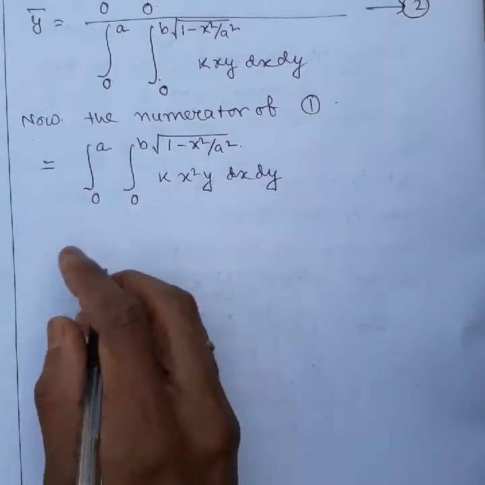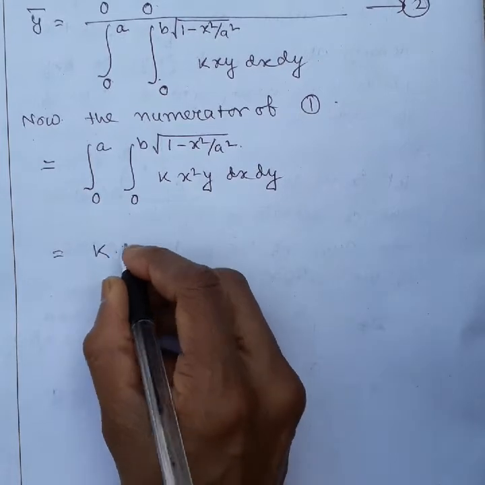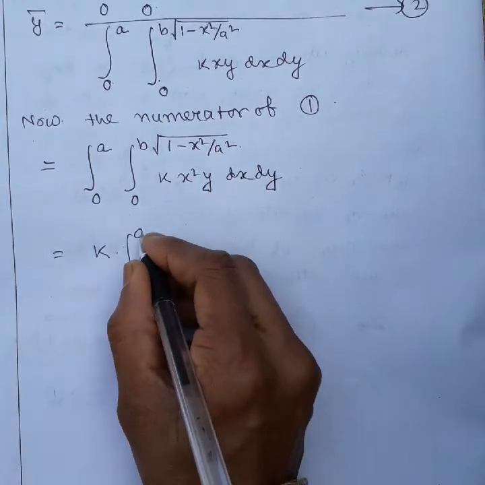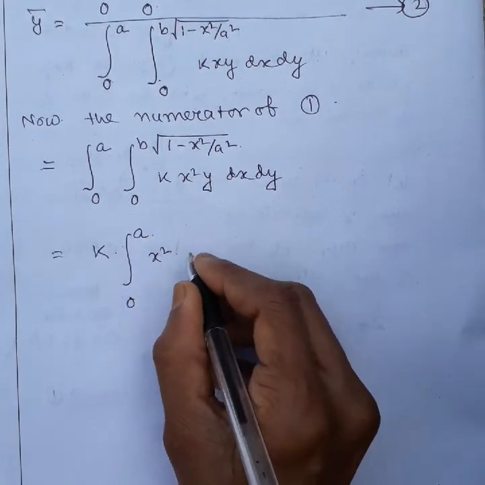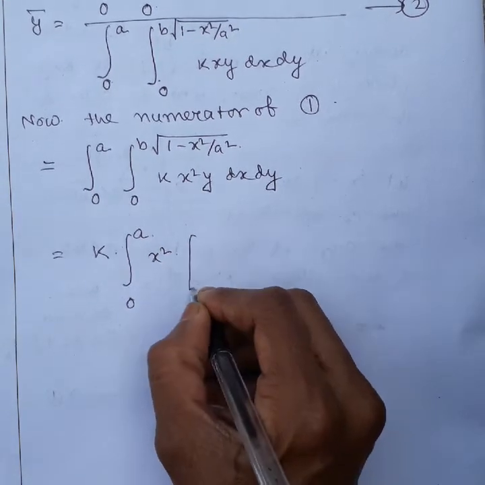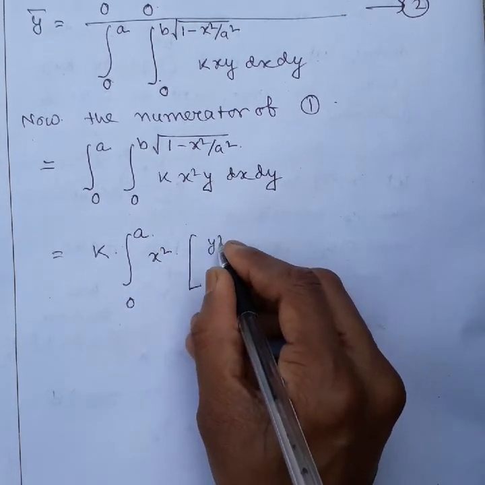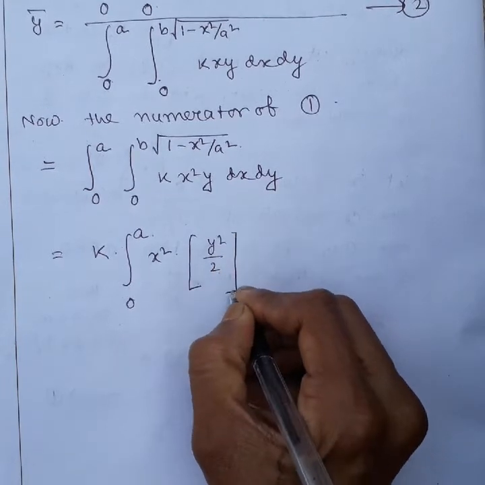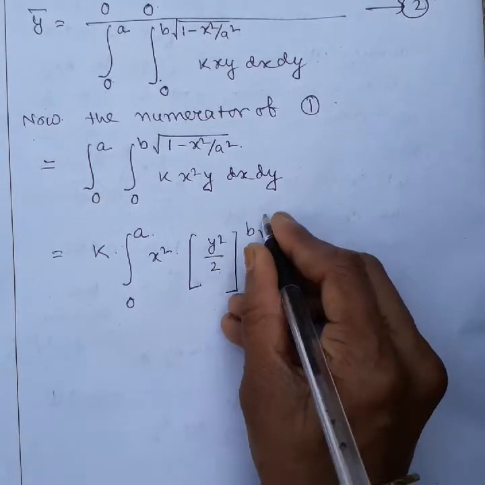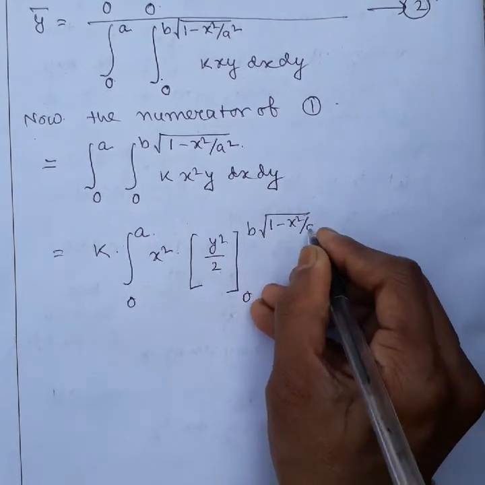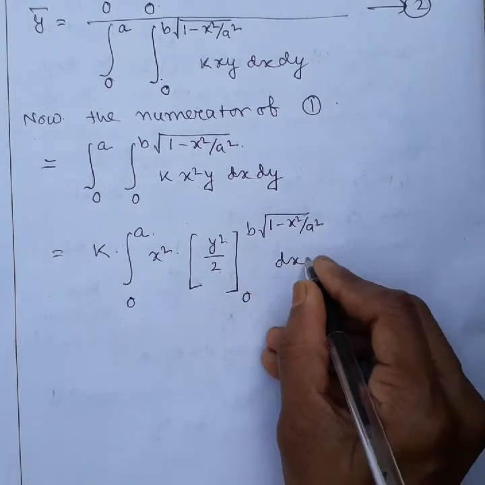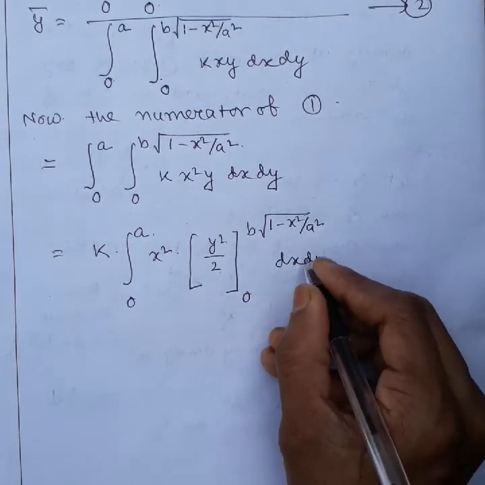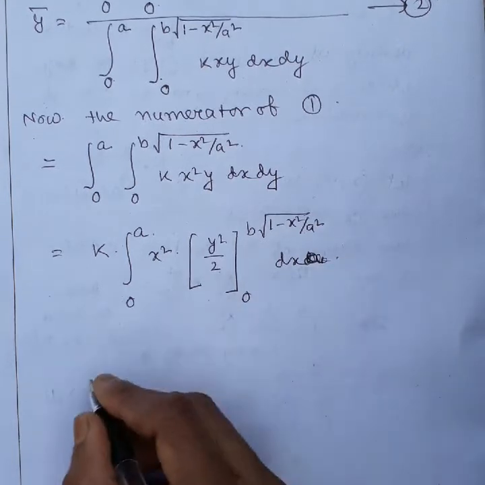Okay, this is equivalent to k into integration of 0 to a x square, integration of y is y square by 2, 0 to b into root over 1 minus x square by a square dx, sorry, only dx.